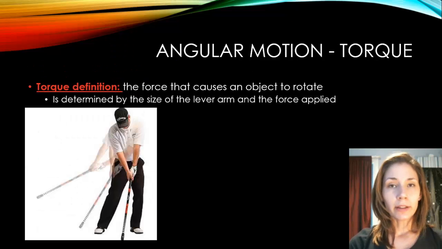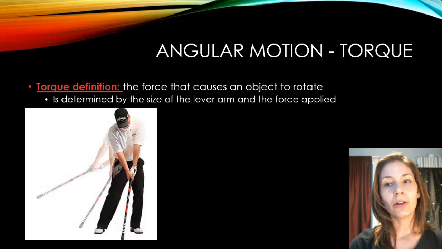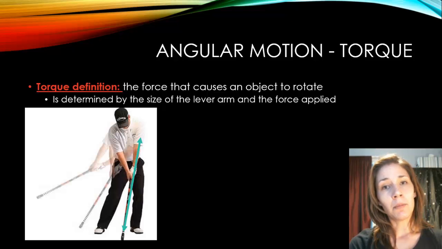Alright, there's one last definition, and this doesn't really link into the others, but it explains why they happen, and that's torque. Now torque is not the actual verbal speaking torque, and it's spelt differently. Torque is the force that actually causes an object to rotate. So it's actually determined by the size of the lever arm and the force applied.